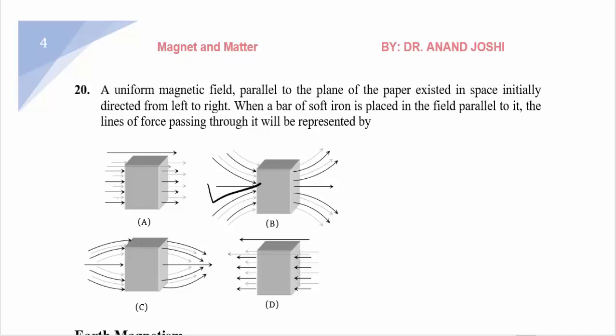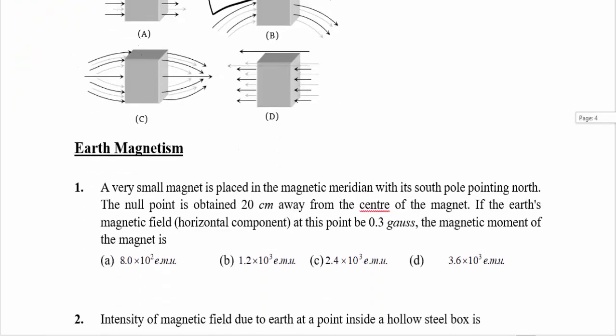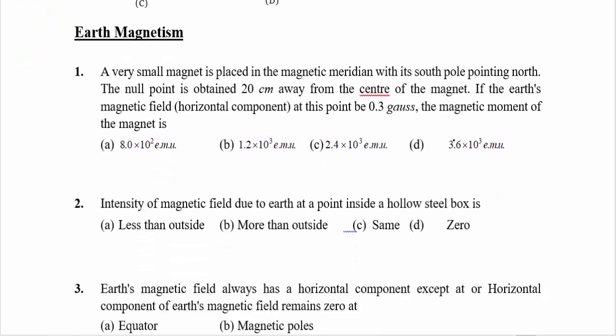Okay, so the next topic I am going to discuss is earth magnetism. On the basis of earth magnetism, I am going to discuss the questions here. First question: a very small magnet is placed in a magnetic meridian with its south pole pointing north.